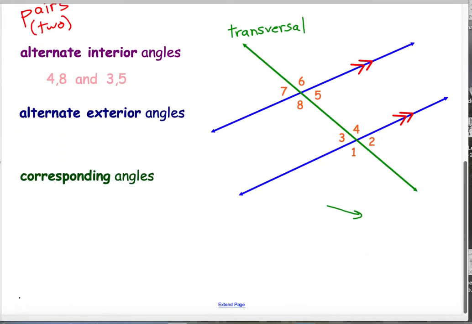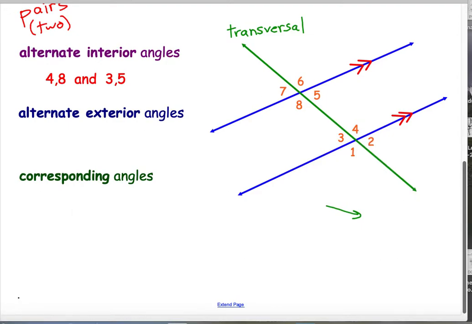That tells me that angle 4 is congruent to angle 8. Angle 8 and angle 4 are congruent because they're alternate interior angles. We also know that angle 3 is congruent to angle 5 because those are also alternate interior angles.